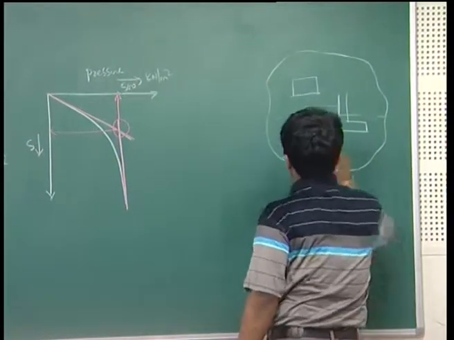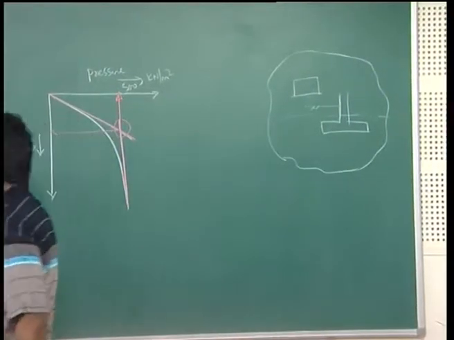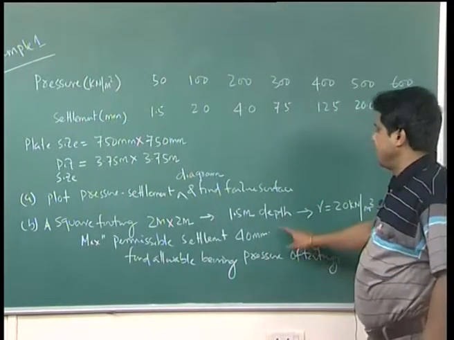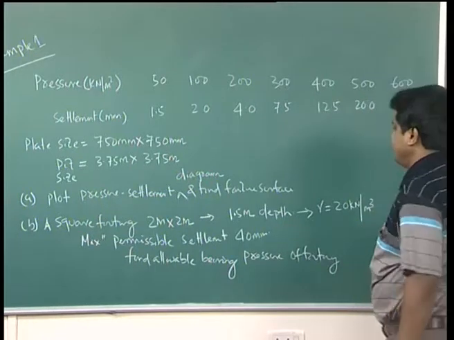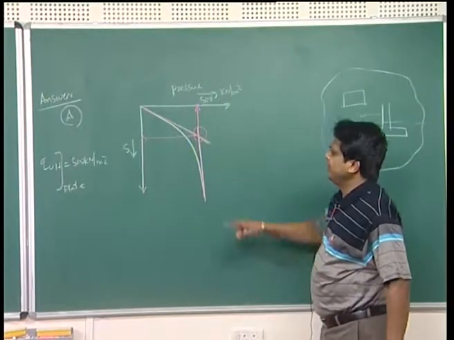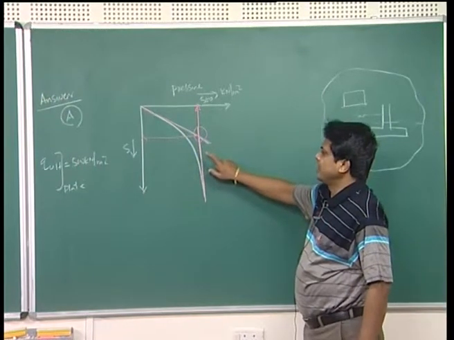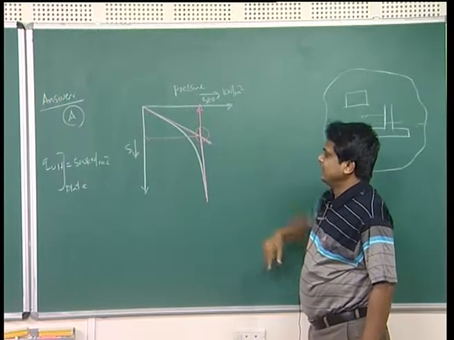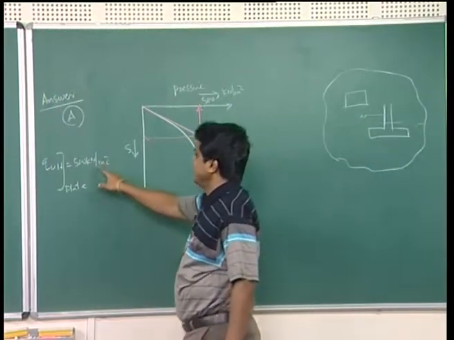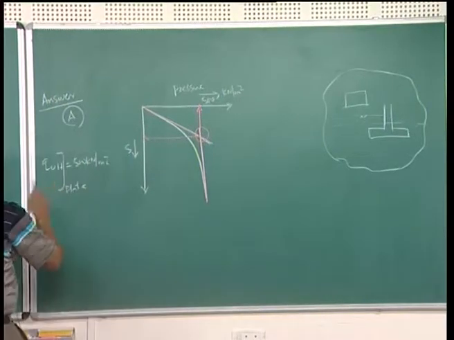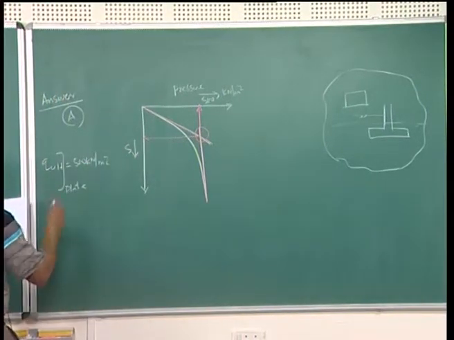Now, to find the bearing capacity of footing, one should get the value of phi. From where will this value of phi come? If I know the ultimate bearing capacity of this plate, then from there you can get the value of phi of the soil.